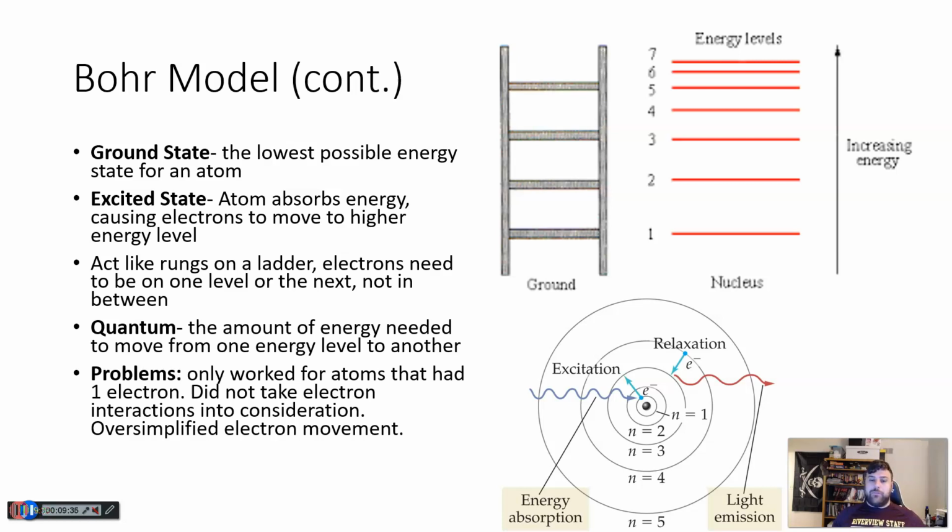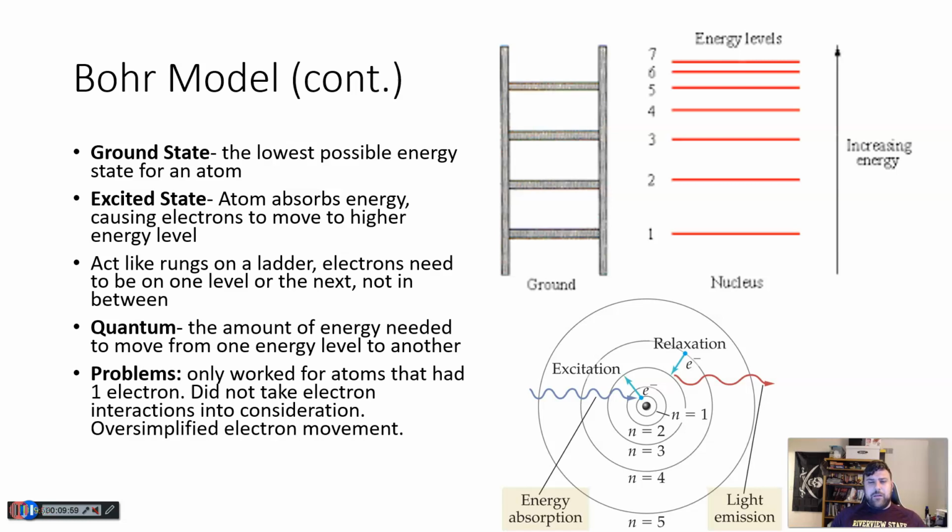It only worked for atoms that had 1 electron, because it did not take the interactions from other electrons into consideration. As we know, negative charges will want to repel each other, just like positive charges want to. That's why there's a strong nuclear force to hold the nucleus together.